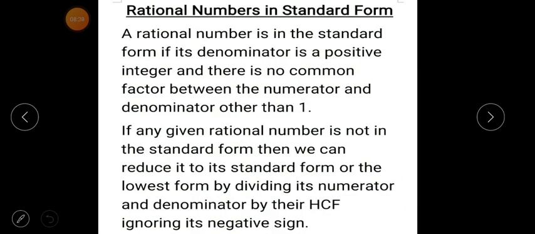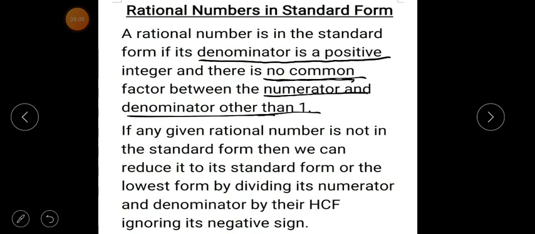Now, what is the standard form of a rational number? A rational number is in the standard form if its denominator is a positive integer and there is no common factor between numerator and denominator other than 1. So two things we must consider: the denominator should be positive and there should not be any common factor between numerator and denominator other than 1.